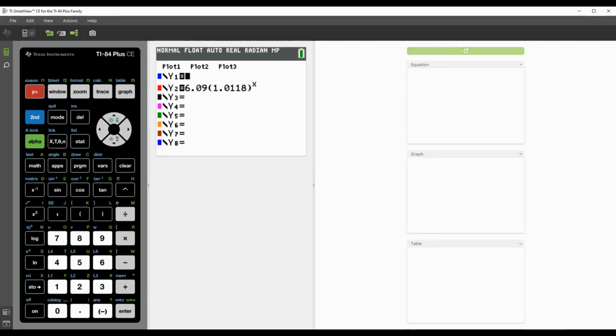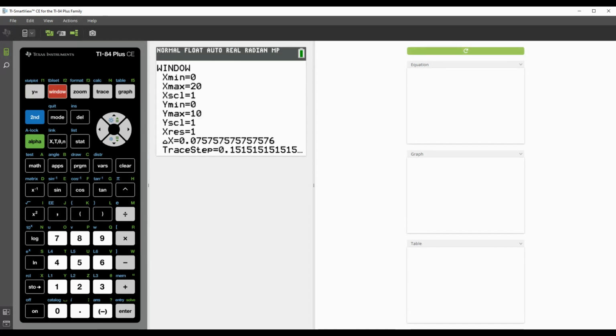Now, sometimes the most difficult part about all of this is making your window. So you want to consider what the window represents. This x value represents time. And since this function is only good for the next 13 years, I can make my window go from 0 to 13. That's how long the function is valid for.